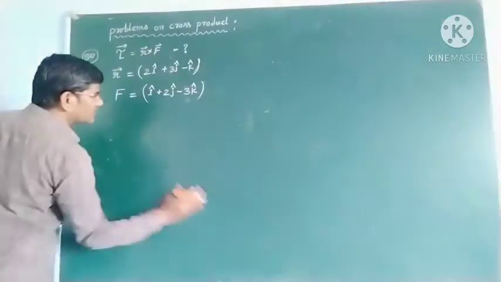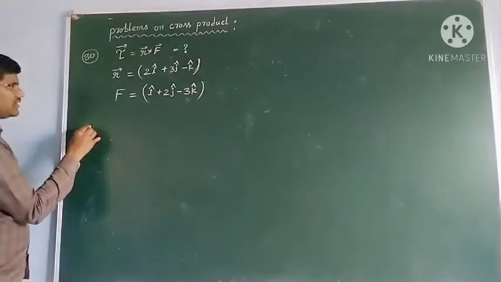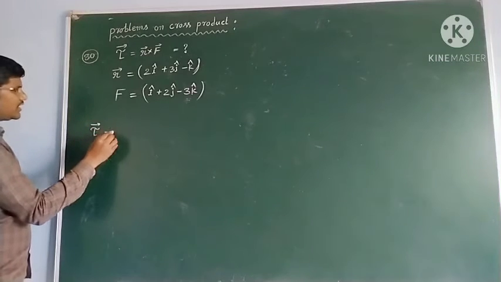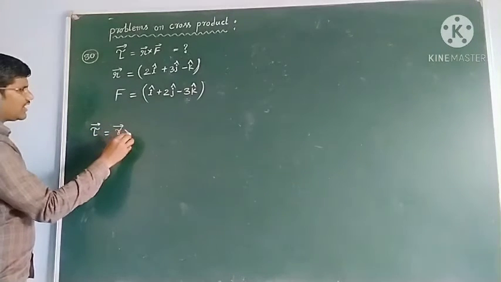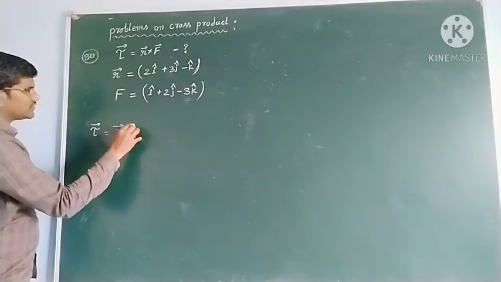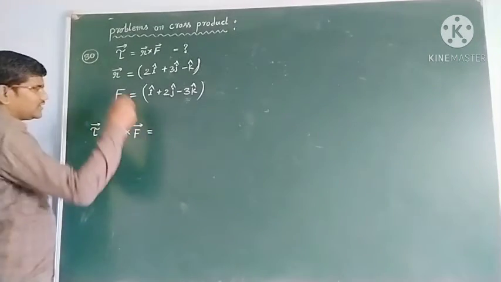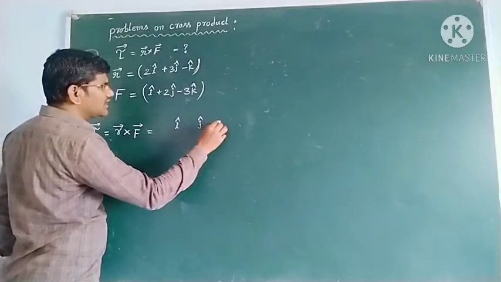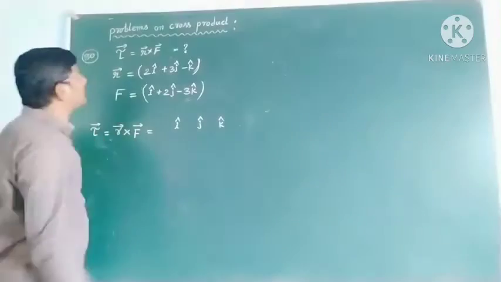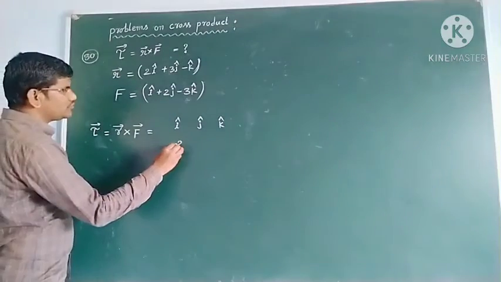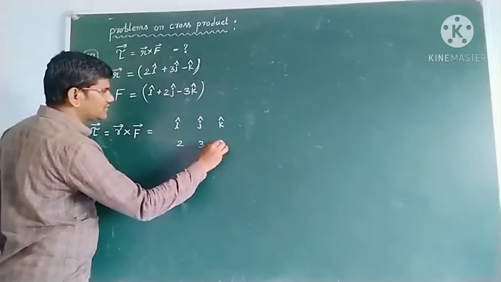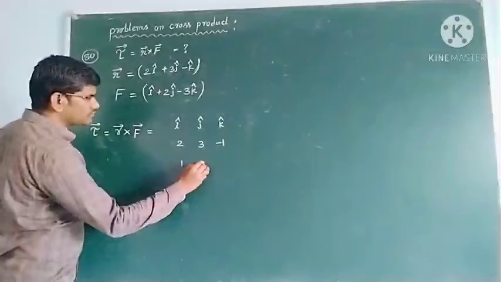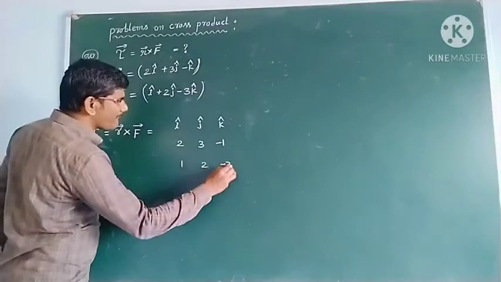Now they are asking for the torque. Then torque tau bar is equal to r bar cross F bar. Okay students, then what do we have here? i cap, j cap, k cap, and 2, 3, minus 1, and the F values 1, 2, minus 3.